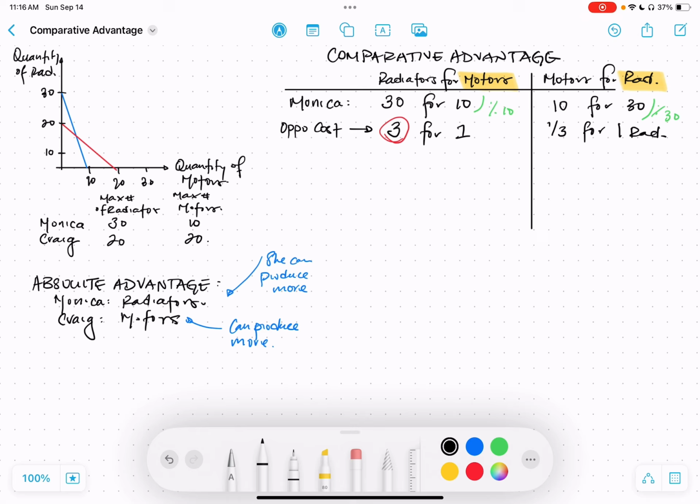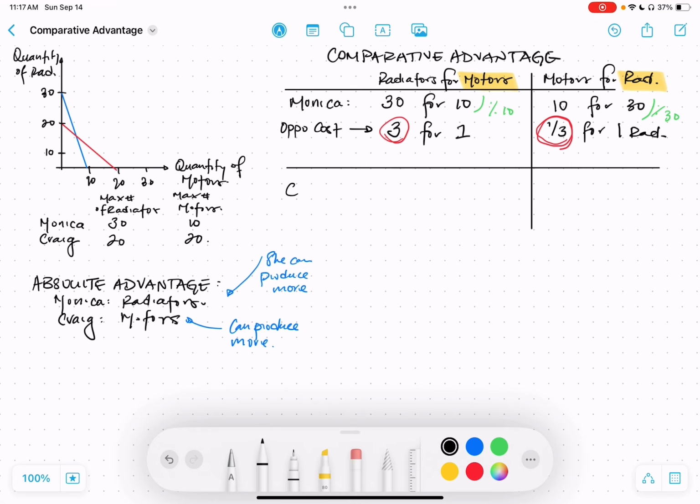The resources she would give up to produce one radiator would not produce one motor. So in this case, her opportunity cost for one radiator is only 1/3 of a motor. Pretty good. Ultimately, what we would say is that she has an advantage in producing radiators over motors. It costs her less to produce the radiators than it does for the motors. Only 1/3 of a motor compared to 3 radiators.